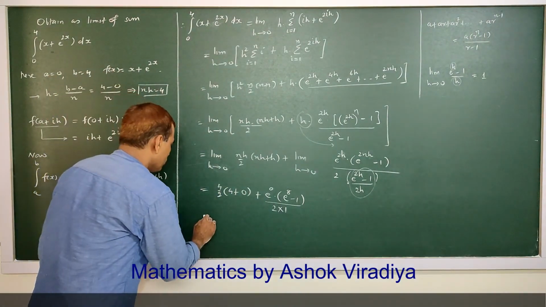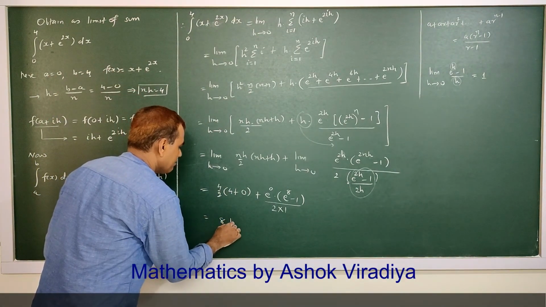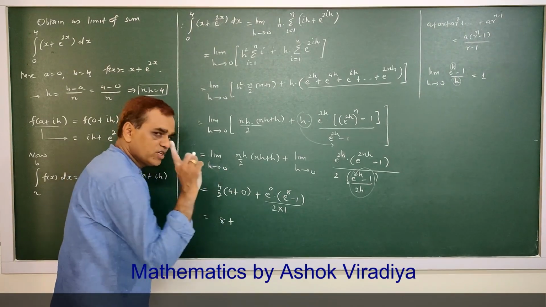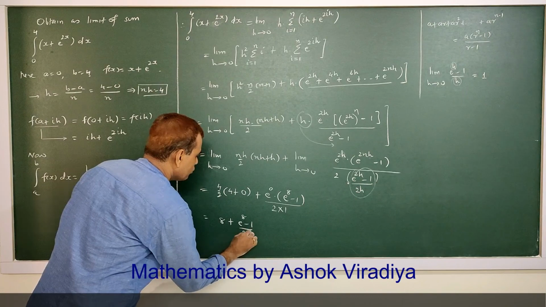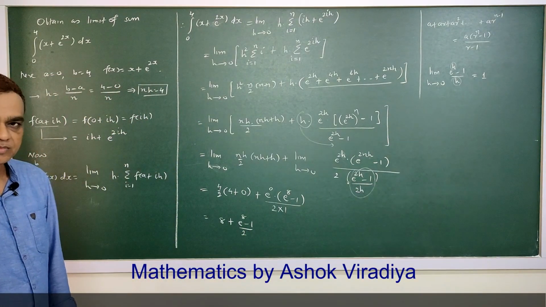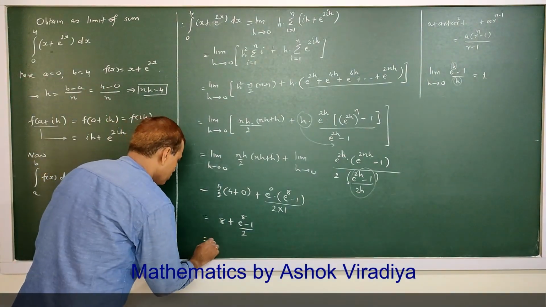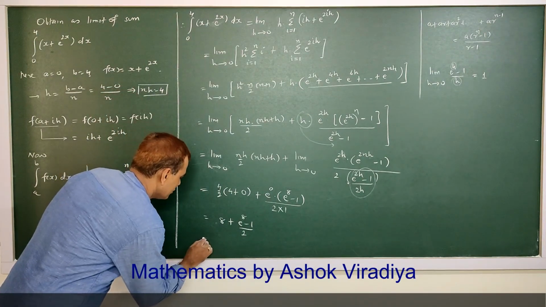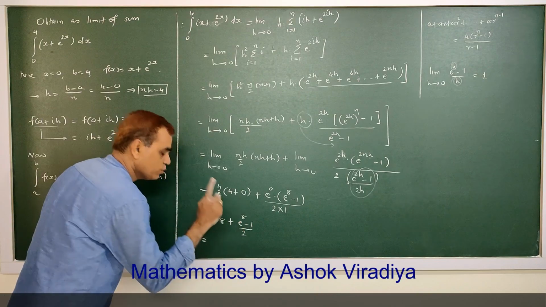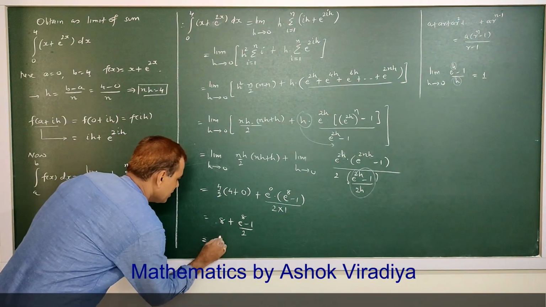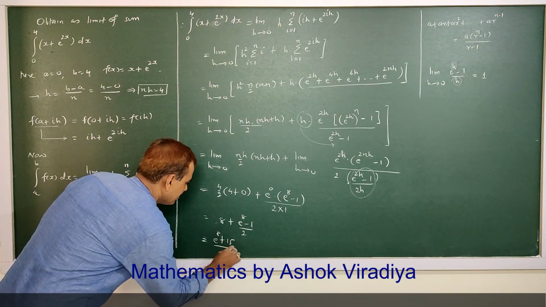So it is equal to 8 plus e raised to 0 which is 1, times e raised to 8 minus 1, upon 2. So it is equal to 8 into 2 is 16, 16 minus 1 is 15. So e raised to 8 plus 15 by 2.